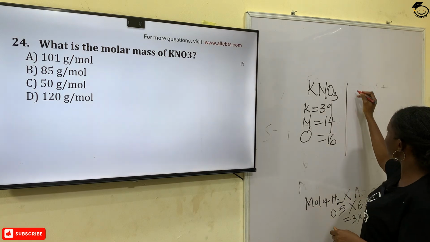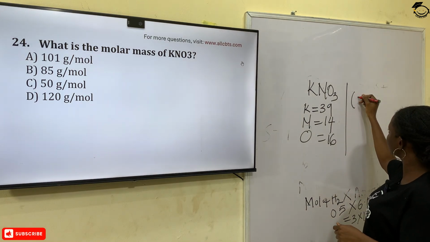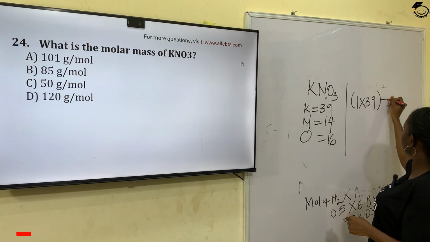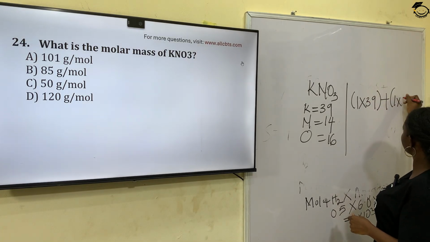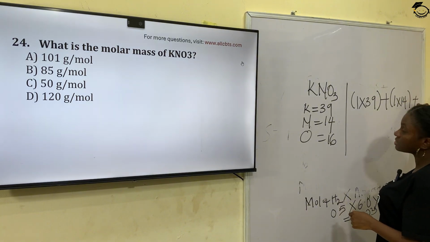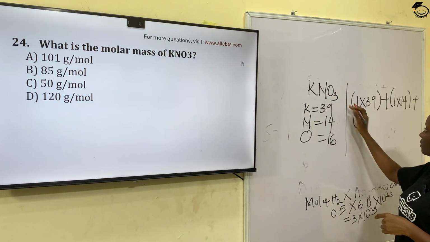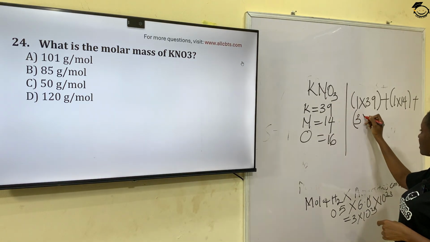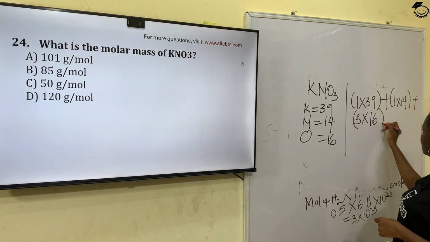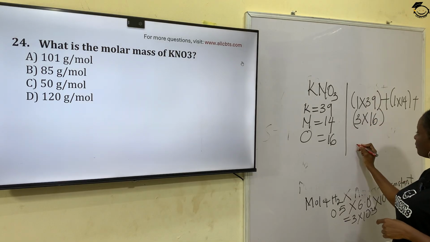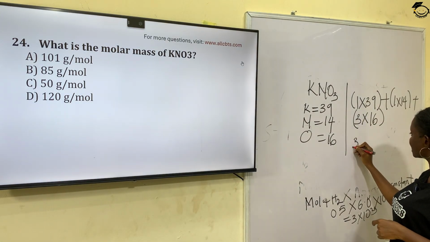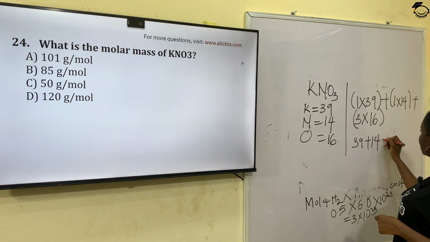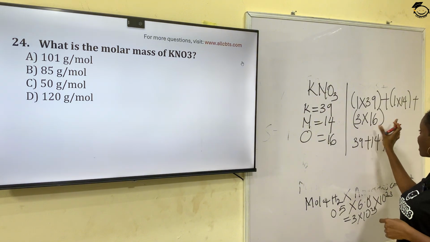To calculate this, we have one atom of potassium, that's 1 times 39, plus 1 times 14, plus 3 atoms of oxygen, 3 times 16. So these will give us 1 times 39, 39, plus 1 times 14, 14, plus 3 times 16.